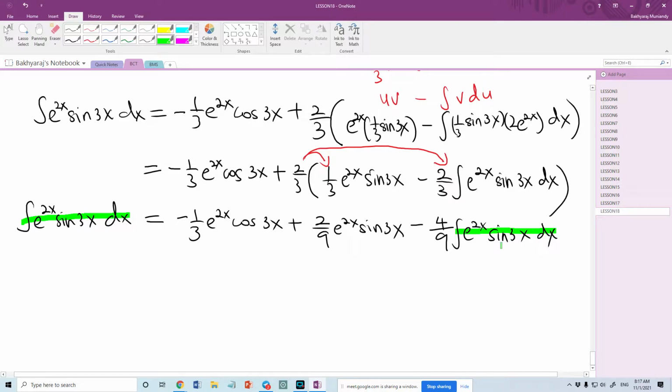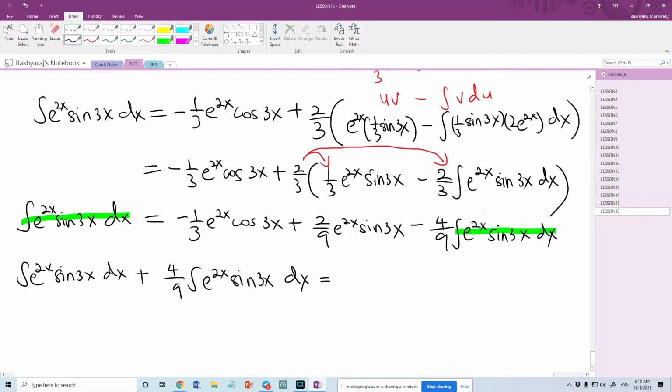So what we're going to do is bring this integration to our left hand side. So I get the integration of exponent 2x sin 3x dx plus, because here it is negative, 4 over 9. So I bring it here, it becomes 4 over 9 integrate exponent 2x sin 3x dx.